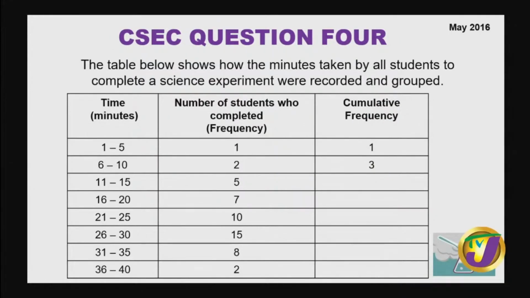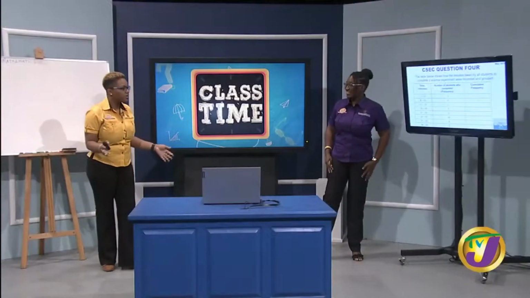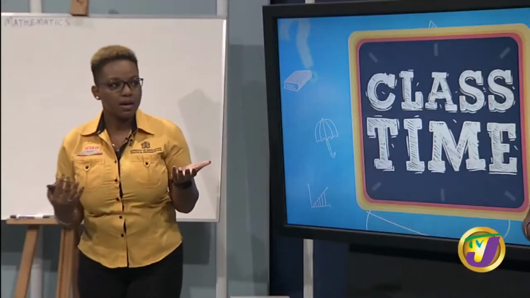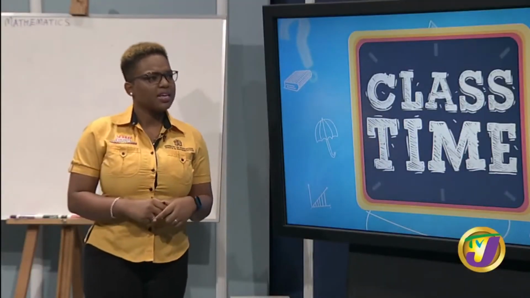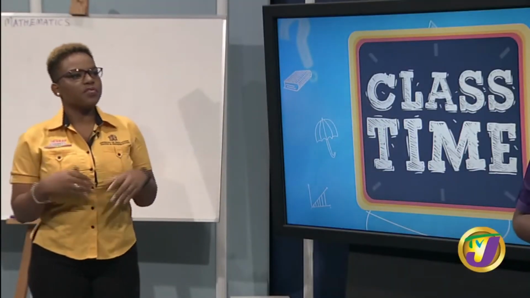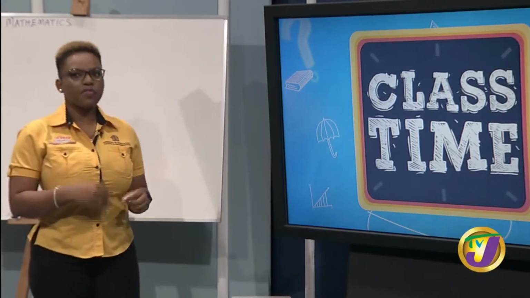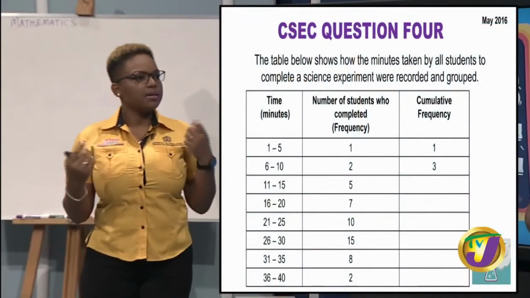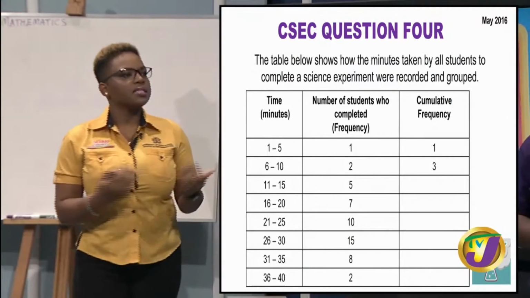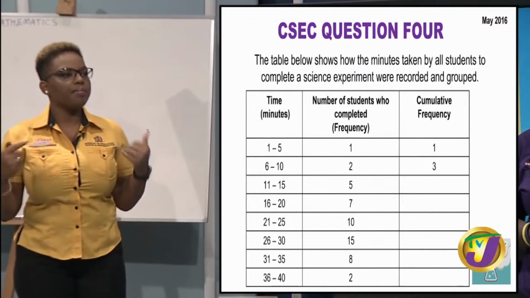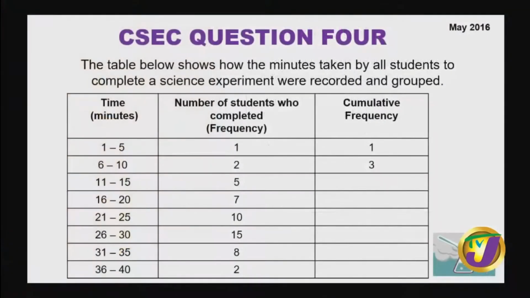Okay, and we're on to the fourth question. Nice. So we would have completed 3 questions. If you've gotten any of those questions or similar, you should be able to complete them. That's right. So question 4 was taken from the 2016 May CSEC paper. The table below shows how the minutes taken by all students to complete a science experiment were recorded and grouped.